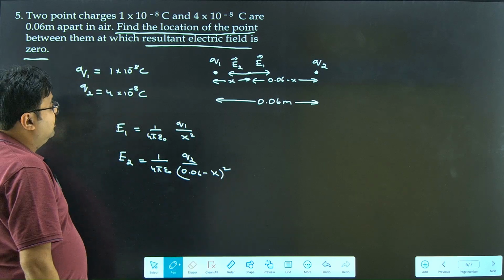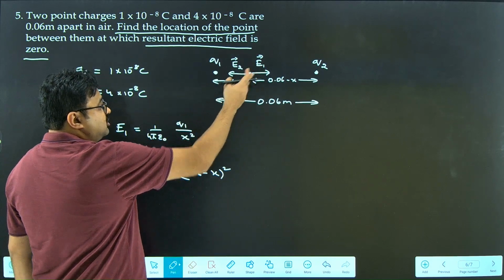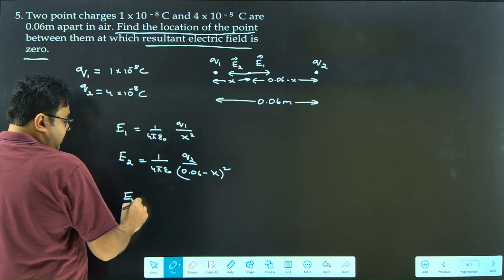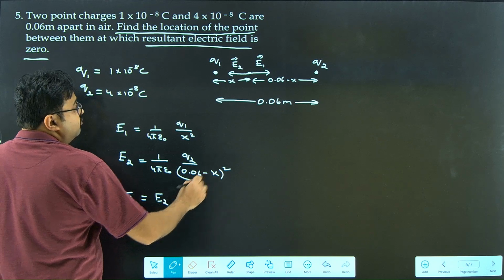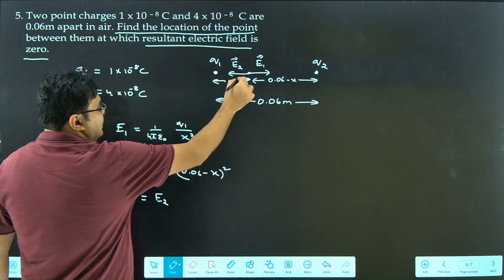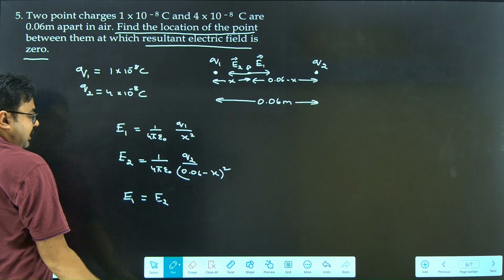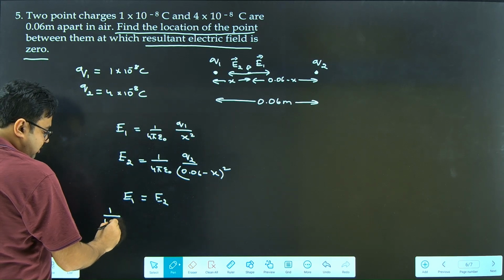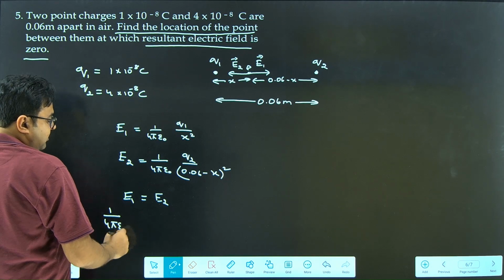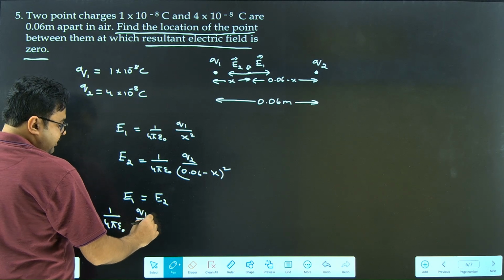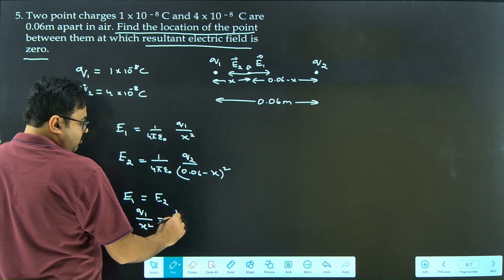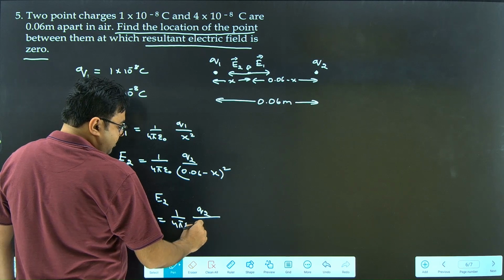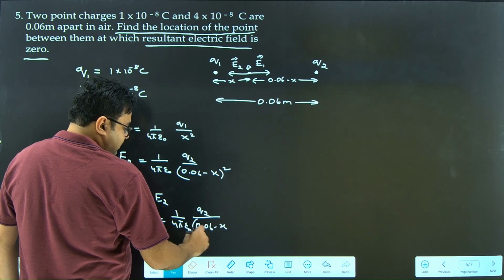That's the electric field. Let's equate both of them because we want both of them to cancel. For them, it is mandatory that they are equal. E1 must be equal to E2 for you to have no electric field at that point, let me say P, right? At point P, if you should not have any electric field, this condition must be satisfied. Let me equate both of them by substituting: 1 by 4 pi epsilon naught Q1 divided by x square becomes equal to 1 divided by 4 pi epsilon naught Q2 divided by 0.06 minus x the whole square.